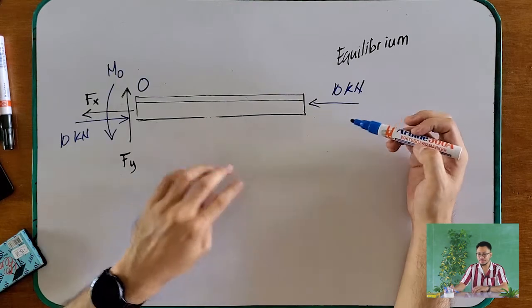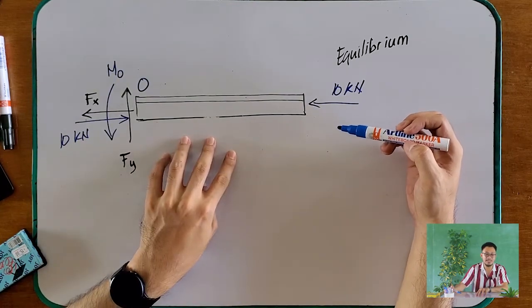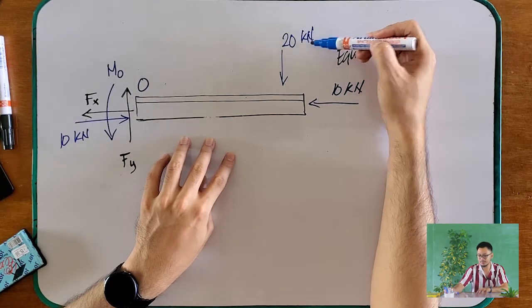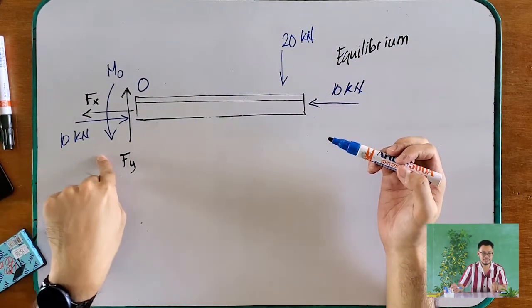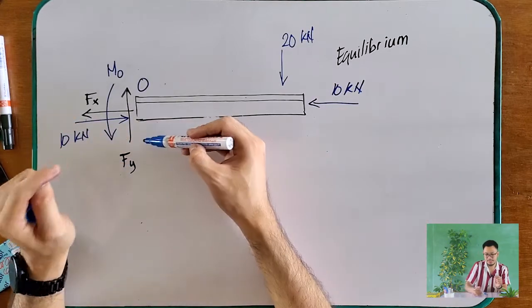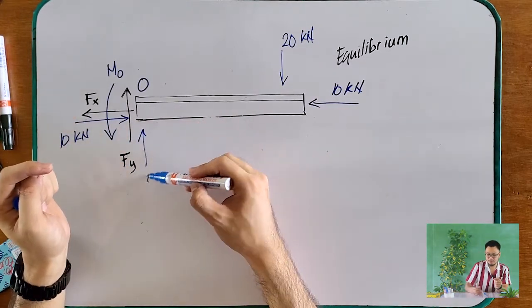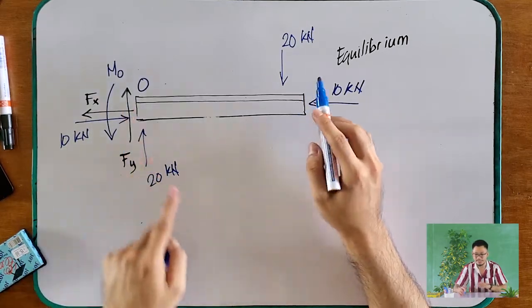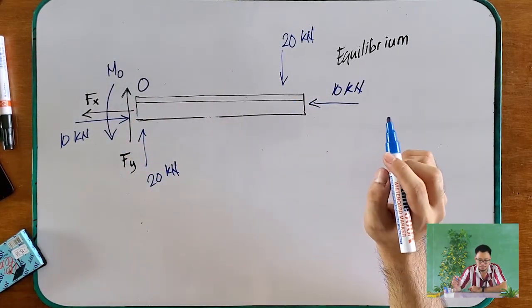If ang atong beam is subjected to a force of 20 kilonewton diri, then ang atong support dapat exert pud siya og 20 kilonewton going opposite sa aning atong 20 kilonewton.